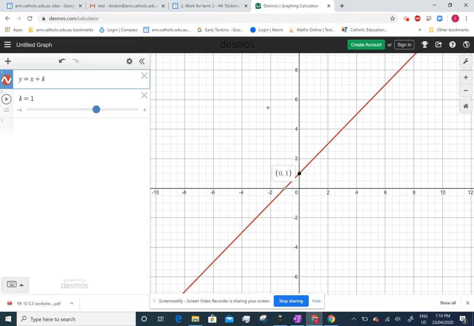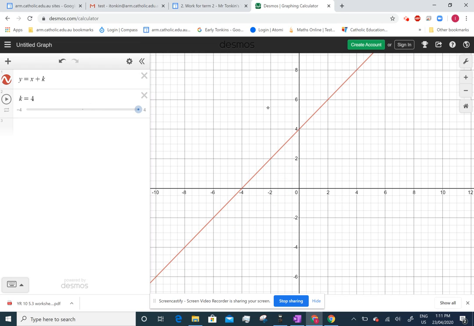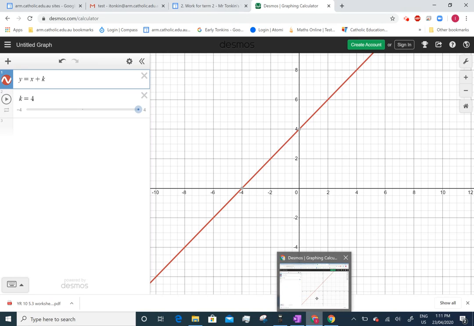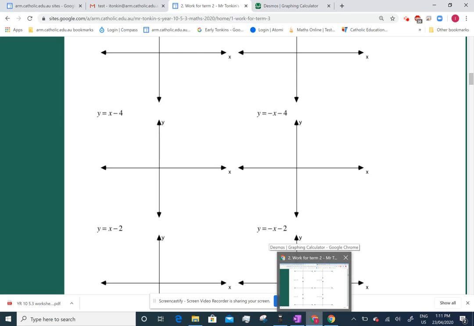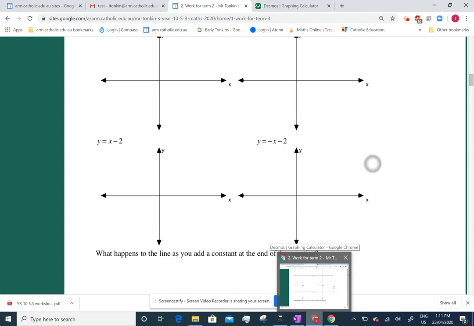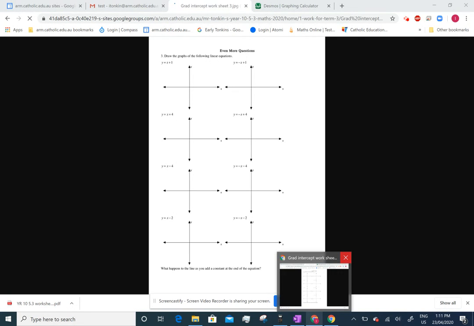And if we put it equal to 4, it goes through 4. So if we now graph these, we're just looking at the ones.